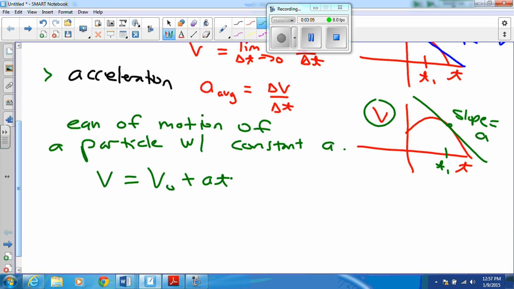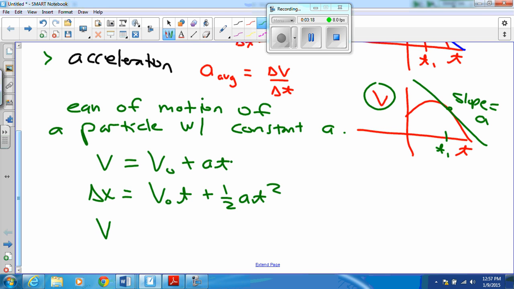That was mediocre. B, delta x equals. It's a little better. Say it so that Ms. Prentice knows that you know it. C, v squared equals the initial v squared plus 2a delta x. Thank you. Somebody knows how to shout.